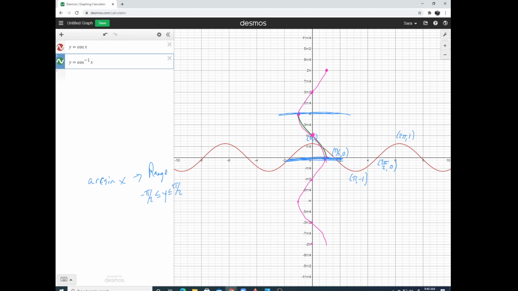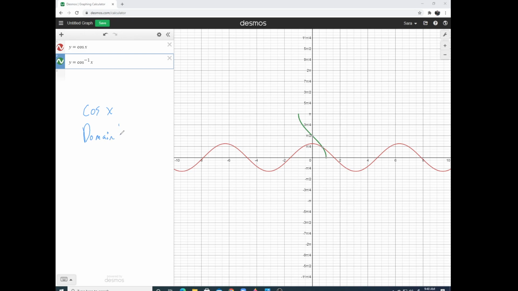and get rid of everything on my screen, I see I only get that part where it's above the x-axis. So on this one, where my cosine of x has a domain of all real numbers and a range that went from -1 to 1, when I look at my inverse cosine, my domain does translate over.